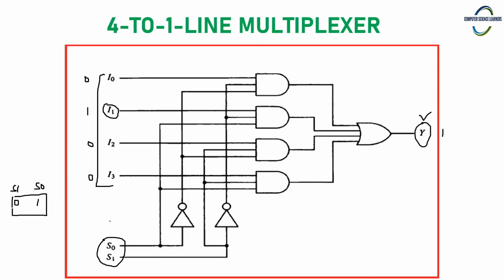Similarly, when S1 S0 is, let's suppose, 1 1, the fourth input will be selected. What it is doing is selecting one of the inputs and redirecting it to the output on the basis of the values of S0 and S1.